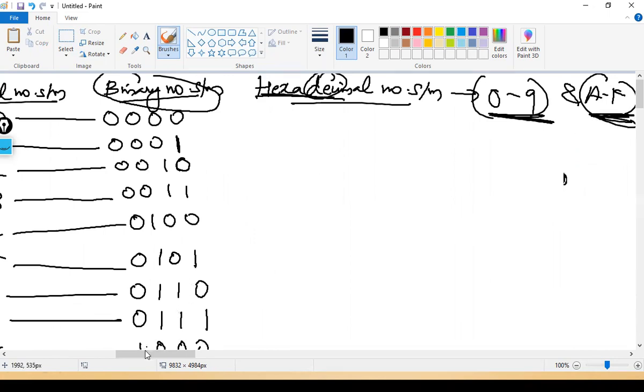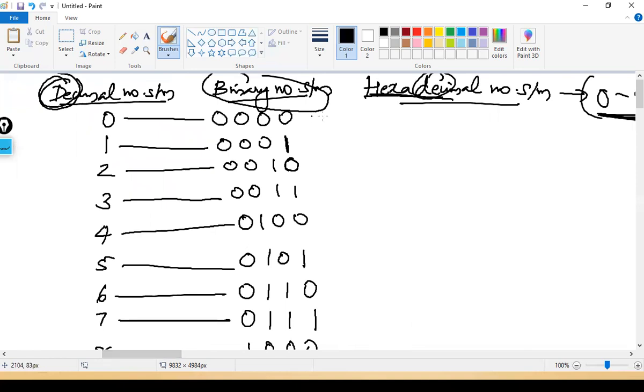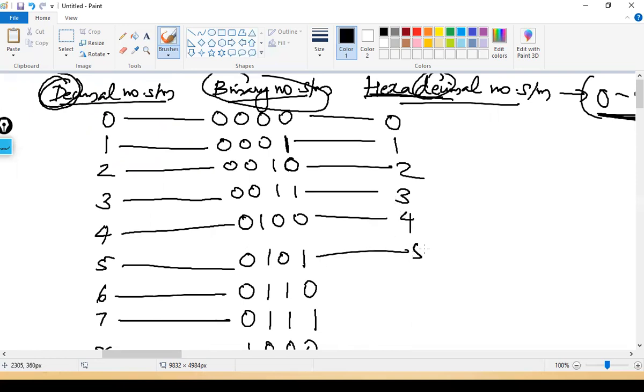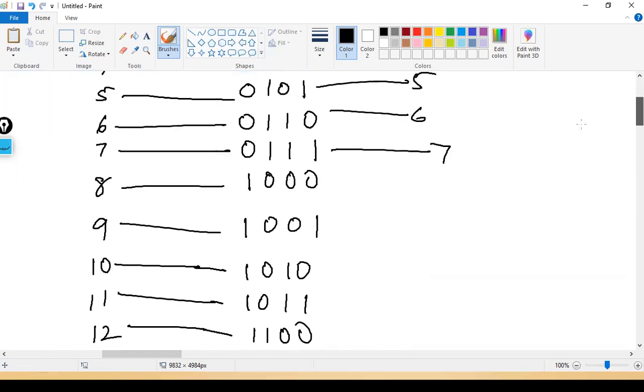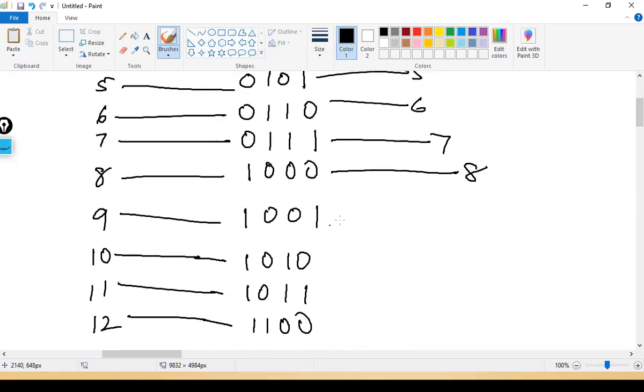Let me tell you, the values are 0, 1, 2, 3, 4, 5, 6, 7, 8, and 9. Okay, so up to 9 it's okay.